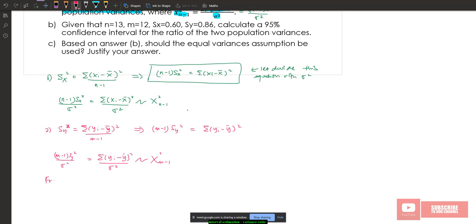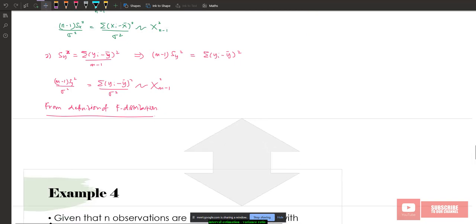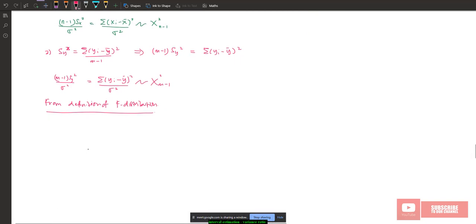So from the definition of F distribution, if you still remember in chapter number 1, when we divide two chi squared, we will get an F distribution. Let's say chi squared with n minus 1 divided by its degrees of freedom, divided by chi squared with m minus 1 divided by its degrees of freedom, we will get F with n minus 1, m minus 1.